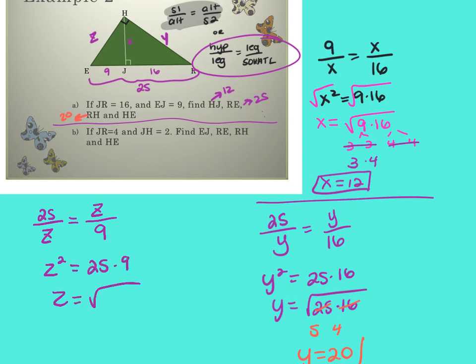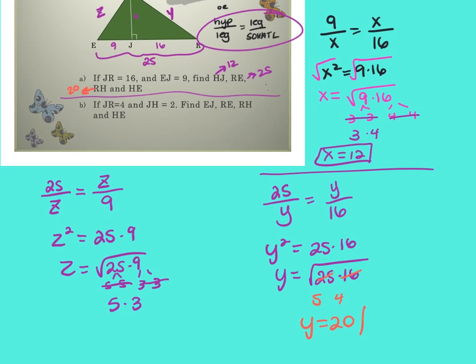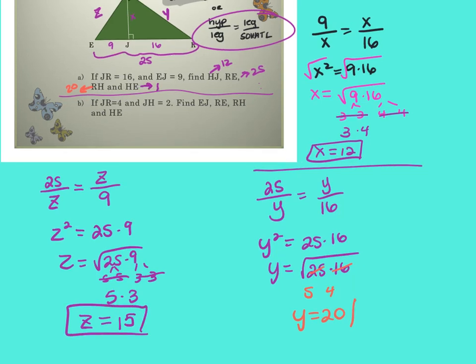Z equals the square root of 25 times 9. This is 5 and 5, 3 and 3. So Z is 15, which makes HE 15.